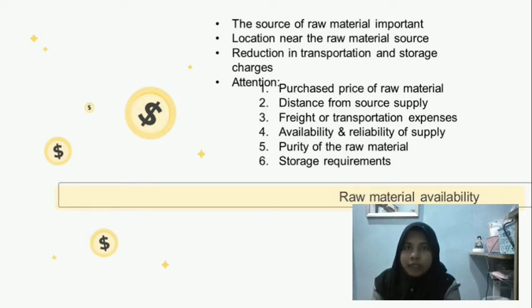We also need to pay attention to the purchase price of raw material, distance from source supply, freight or transportation expenses, availability and reliability of supply, purity of the raw material, and last but not least storage requirement.